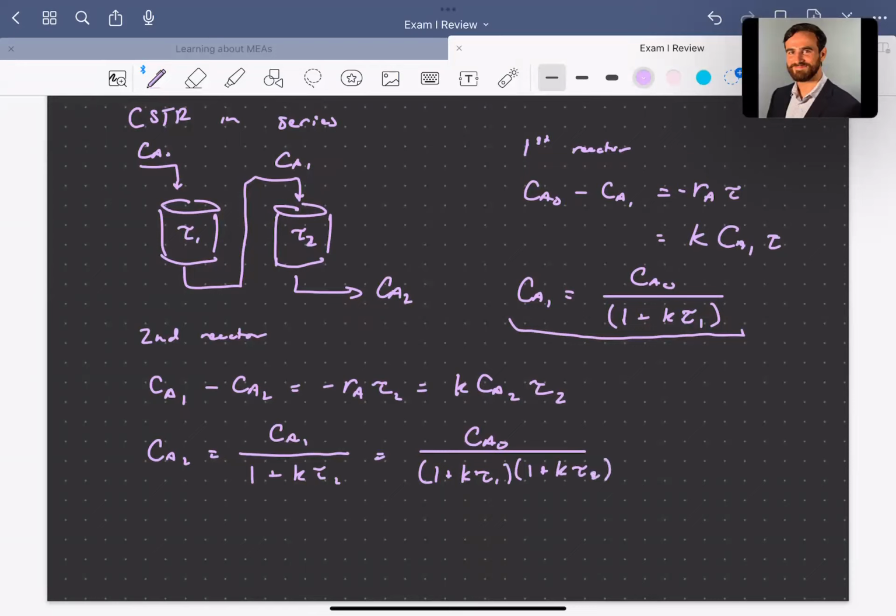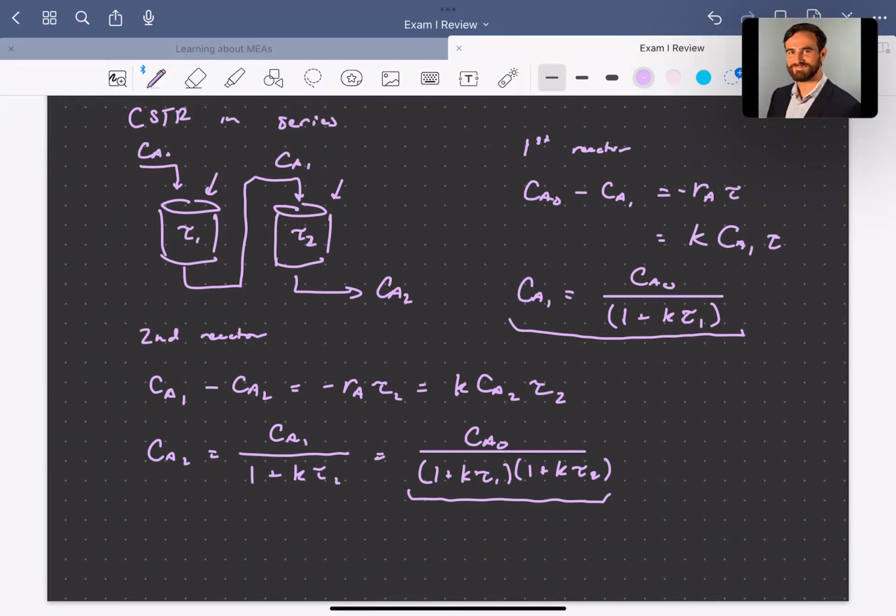So we have in the denominator the product of these two terms that describe the residence times for the first and second reactor. So here you can see that the order is not important. So if we put the first reactor, this tau 1, first or second, so just flip the order of the two, we would still get the same expression where we have this product term in the denominator.